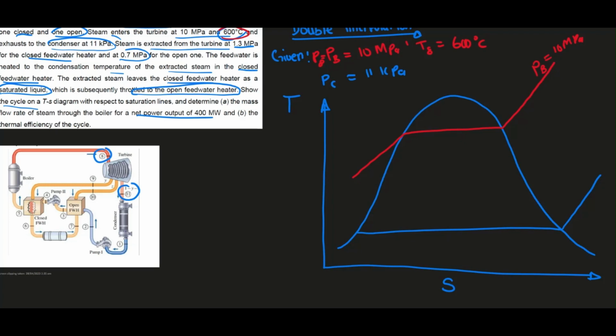I'm just indicating the pressure lines. That's all that I'm doing. Cool. So this is the condenser pressure. I can call it PC, denoting condenser at 11 kPa.